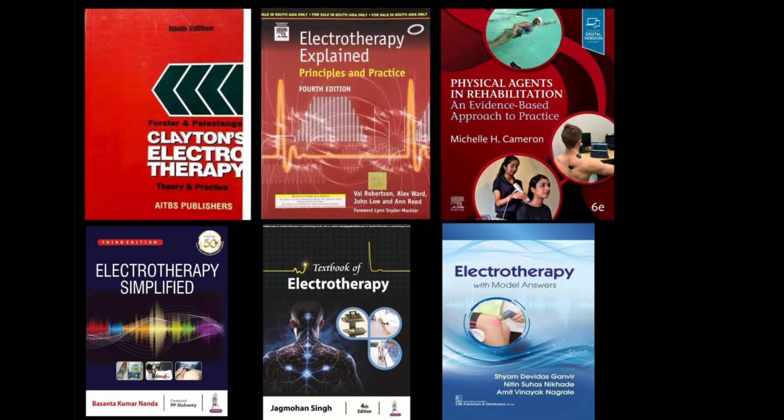So for the topics such as biophysics or others, you can use Low and Read. But I won't recommend to buy the book in hard copy, as it is very expensive. I guess it's above 1,000 rupees. So if you can use it in soft copy or in PDF format, you can use Electrotherapy Explained, which is also known as Low and Read.